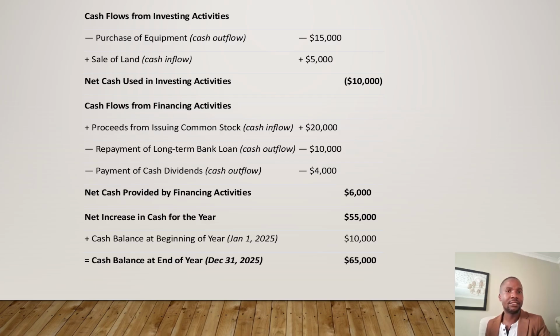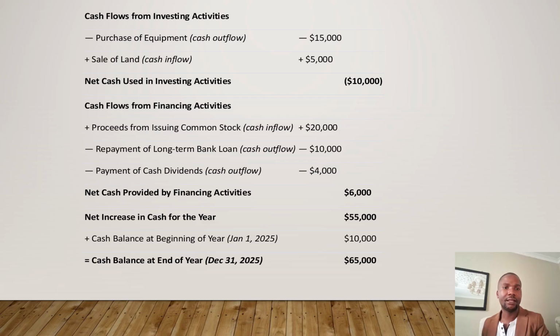And then on the same investing activities, we sold land, which is a long-term asset. So that is a cash inflow of 5,000. So the net cash used in investing activities now is 10,000, which is a cash outflow because we have simply subtracted 5,000 from the 15,000 of the cash outflow.